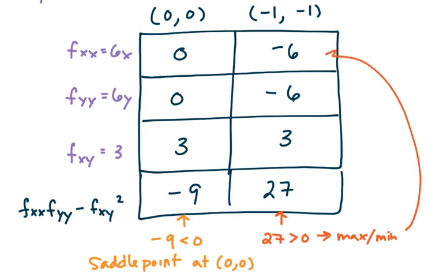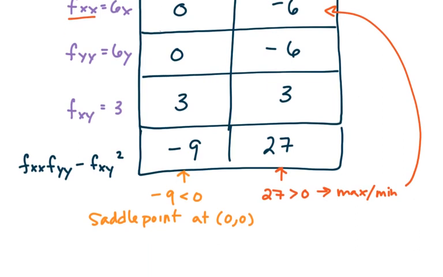So we come up here, we look at the second partial with respect to x twice, -6. So since that second partial is less than 0, or negative, we know that this represents a max at (-1, -1).